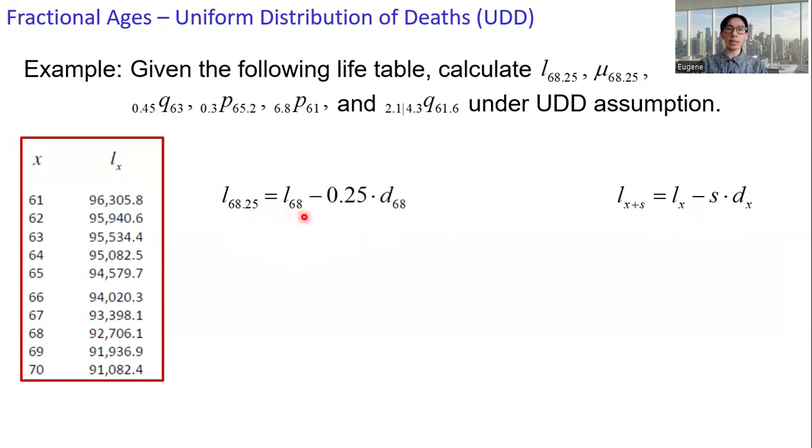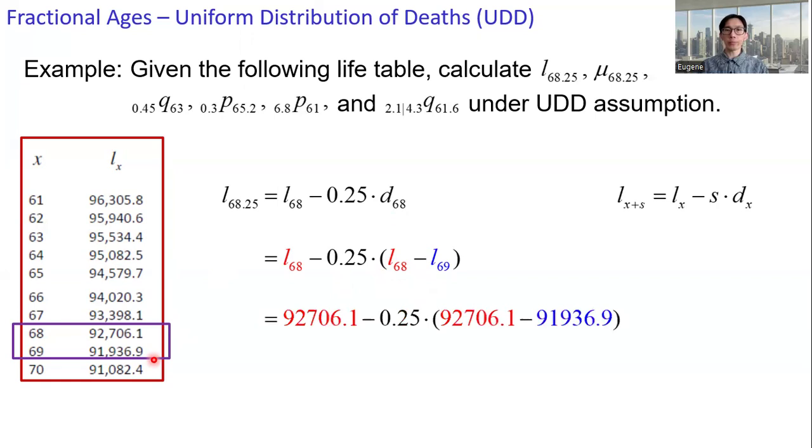This is L68 minus 0.25 times d68, and d68 is L68 minus L69. From the given life table, we have the two L's, L68 and L69, and then plug into the expression. And we get the expected number of survivors at age 68.25.